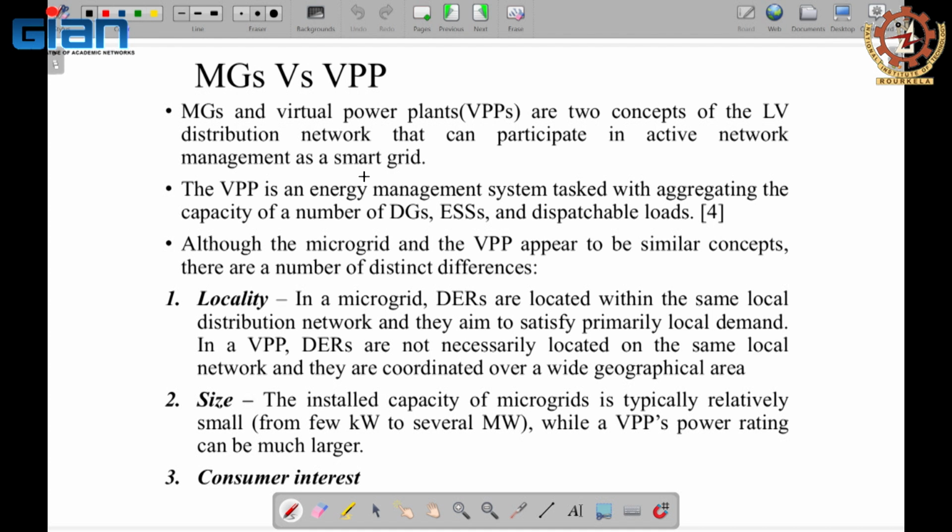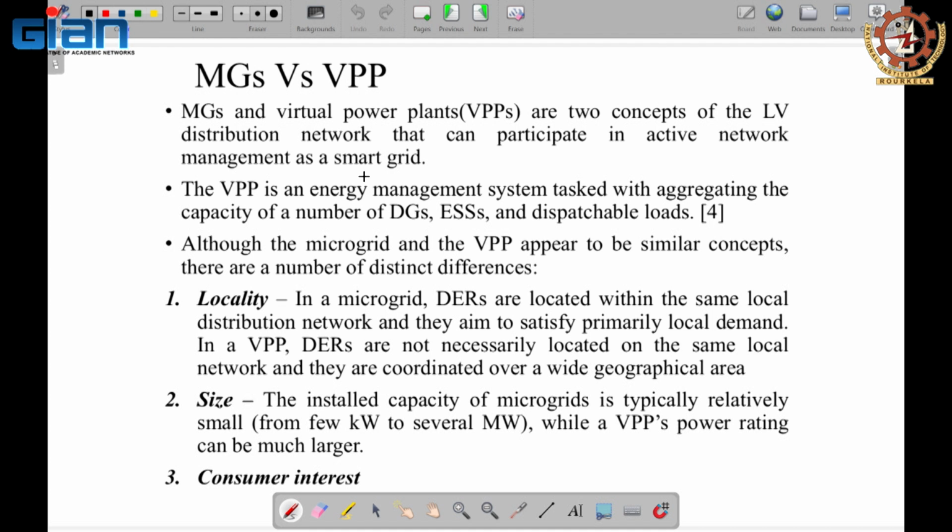Basically, when we are talking about microgrids or virtual power plants, there can be some difference in the concept in terms of the geographical area or locality. A microgrid could be a separated or concise area, whereas a virtual power plant can cover a wider area.